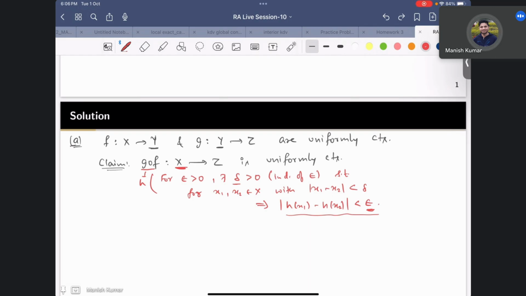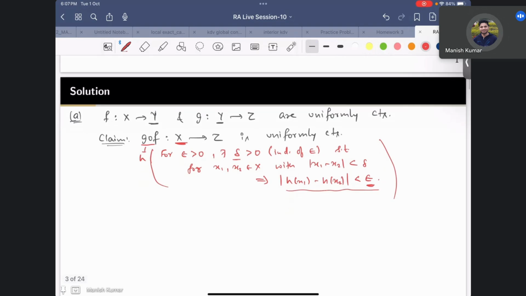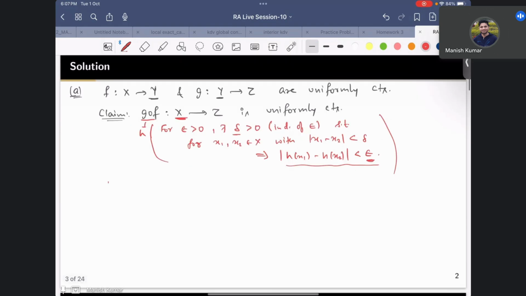Now we'll try to prove this claim. Let's write what we have been given. Anyway, we have to prove that this composition is uniformly continuous. So we'll first choose some epsilon, let epsilon greater than 0 be any arbitrary number.